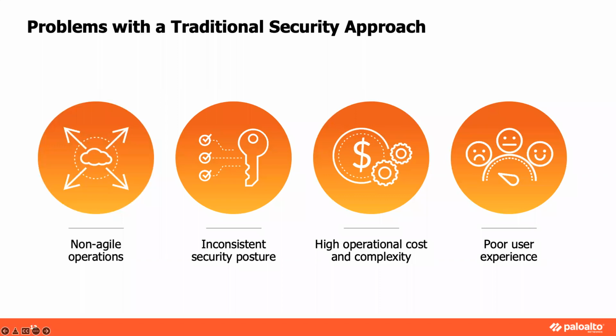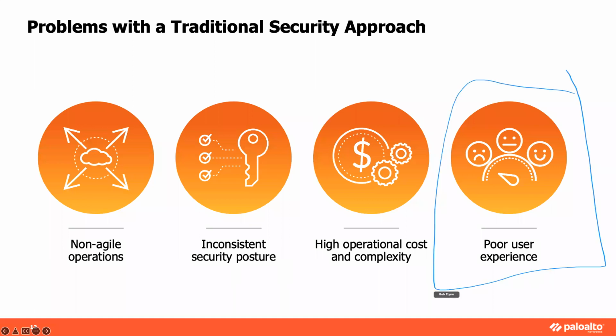So you have to either make sure all traffic goes through a central location where you have a firewall and security solution, or you got to provide it at all these branch offices and for all these remote users in their house, which can be expensive. And probably most importantly, it leads to poor user experience.